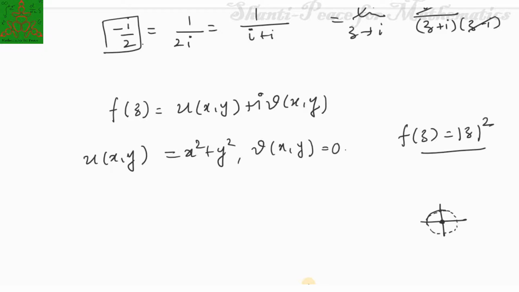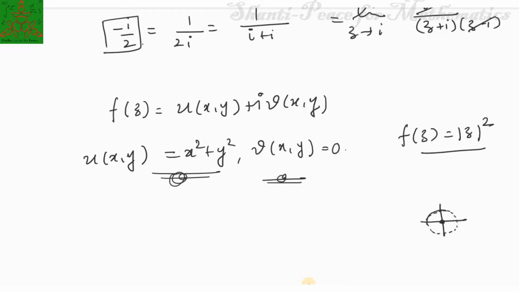So when f of z is equal to mod z square, it shows that the real and imaginary components of a function of a complex variable can have continuous partial derivatives. They are continuous for all orders, and yet the function may not be differentiable there.